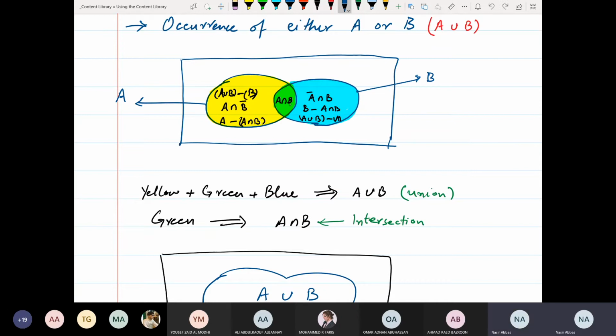The middle one, A intersect not B. This one? Yes, it will include the box too. No, it will not include the box, because not B is everything. Not B will include the box, but A intersection not B will not include the box.